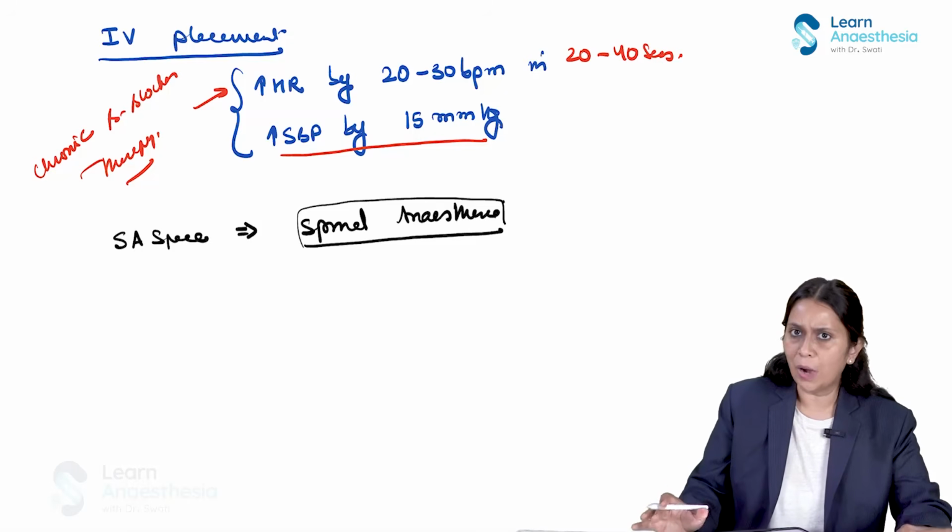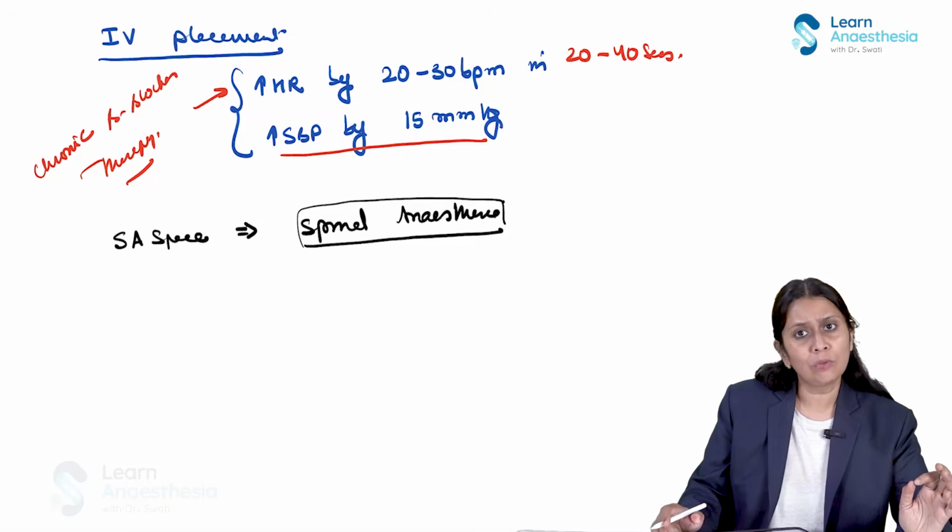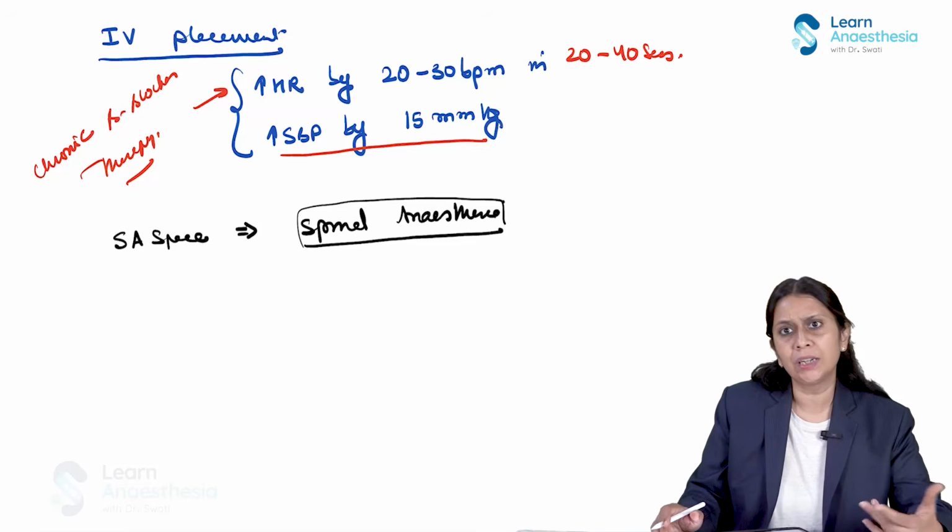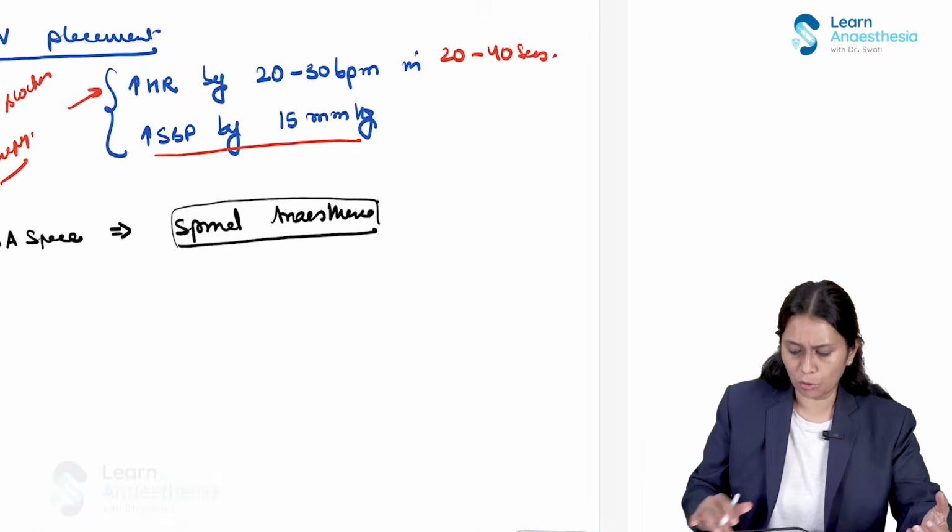Okay, now there is one drug which is used alone to detect unintentional intravenous or intrathecal placement of the catheter, is chloroprocaine.